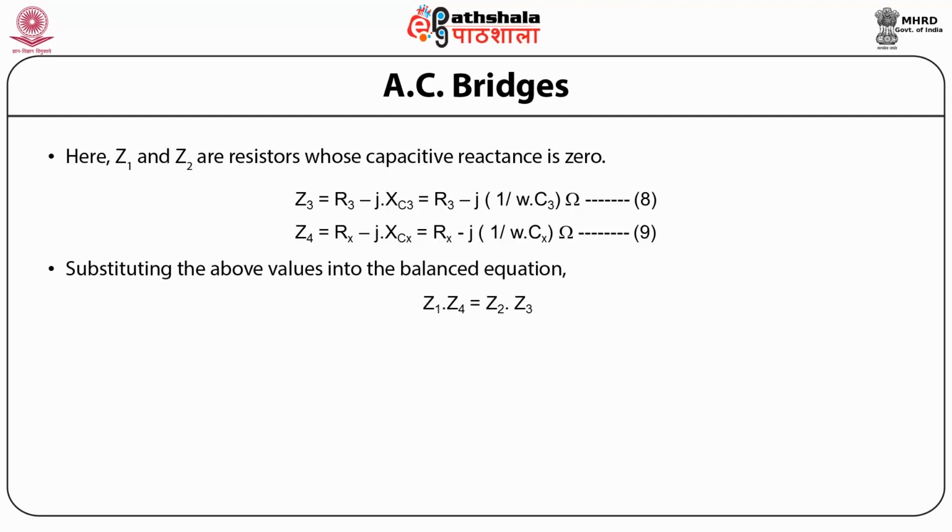By substituting the above values into the balance equation Z1 dot Z4 equals Z2 dot Z3, we get R1 dot Rx minus j into R1 by omega Cx equals R2 dot R3 minus j into R2 by omega C3.